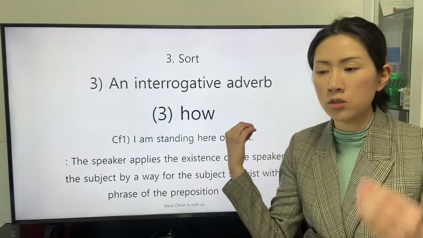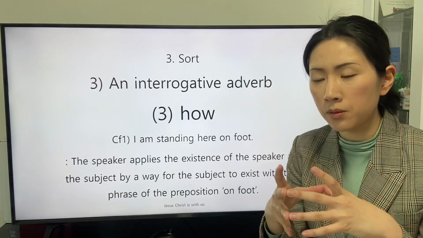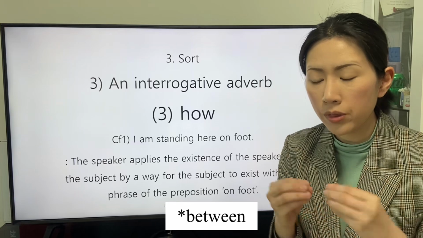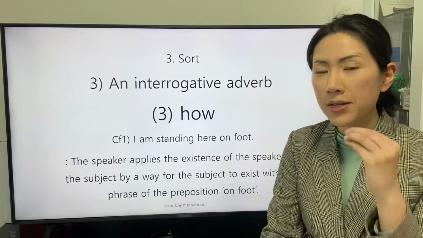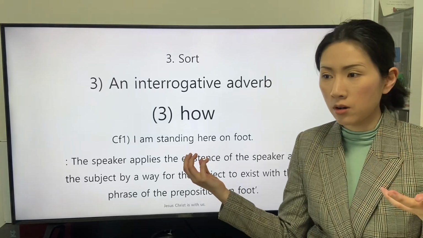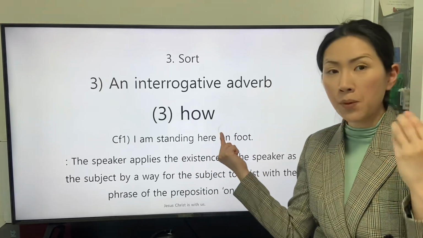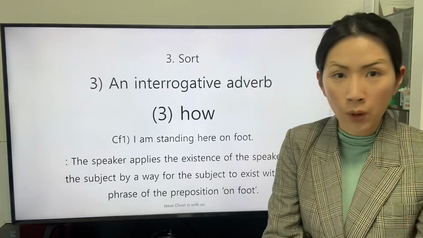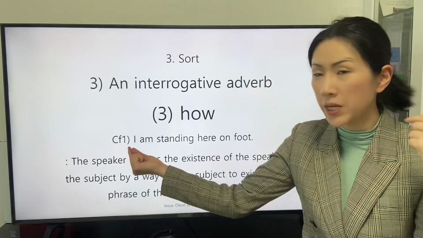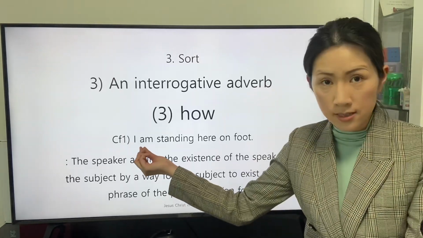So this clause assumes that the conversation with the speaker and the listeners is on the premise that they are standing. With the phrase of the preposition on foot, we can figure out the way that the speaker as the subject is allocated to exist.